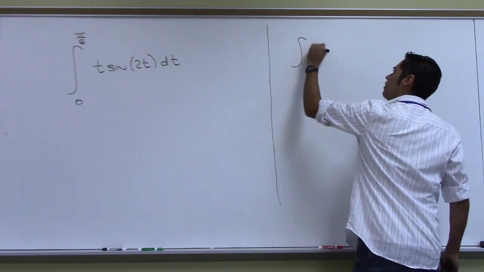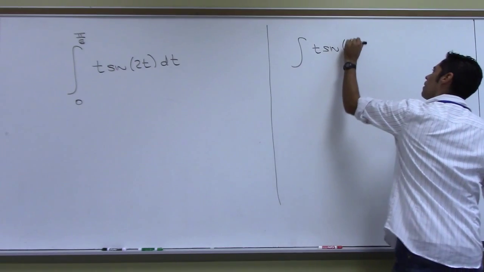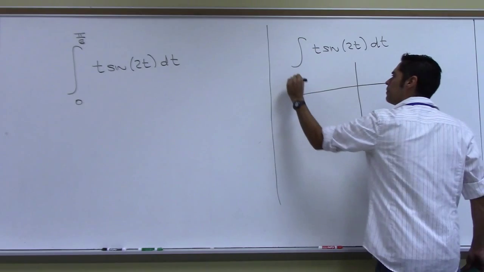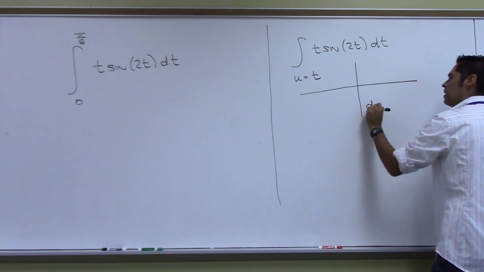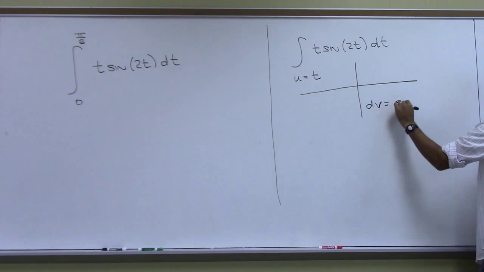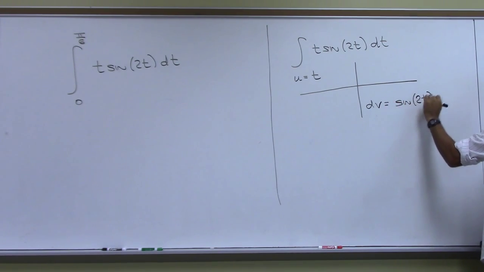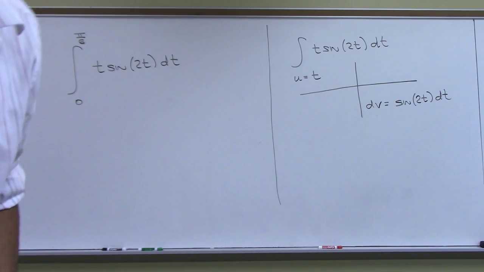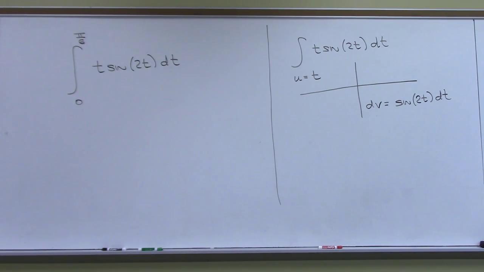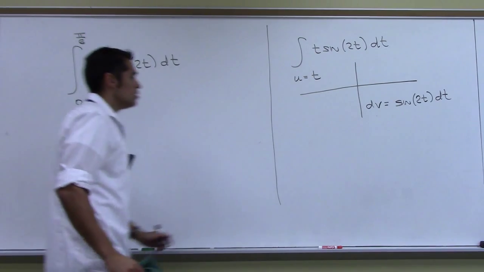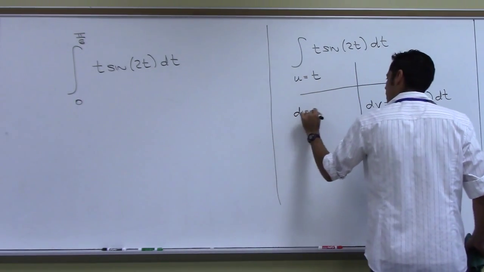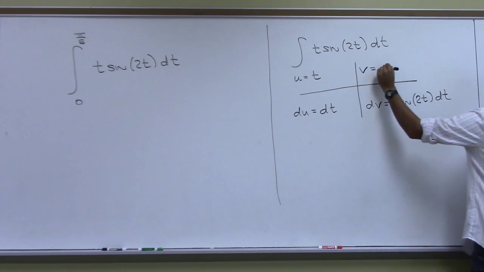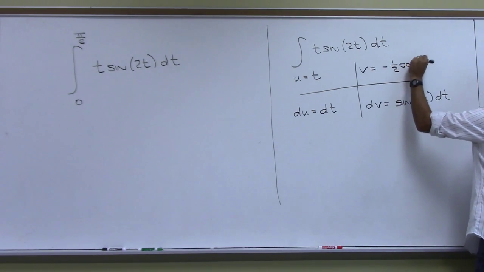So I'm going to set it up over here. U will be what? T. dv will be sine 2t dt. All right. du is dt and v is negative 1/2 cosine 2t.